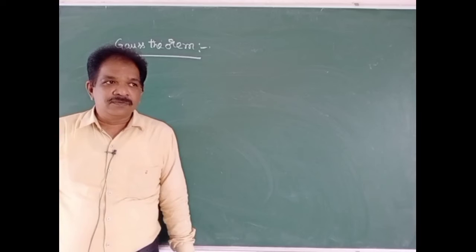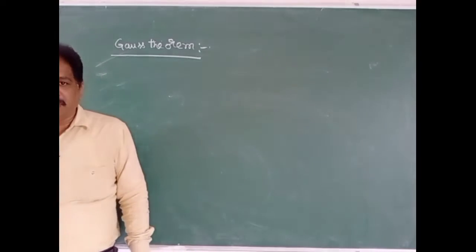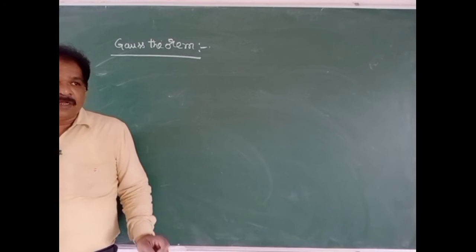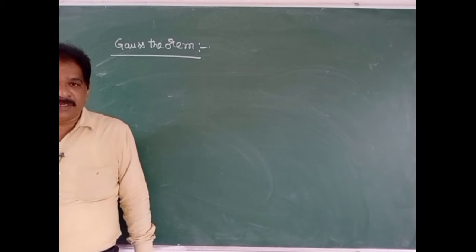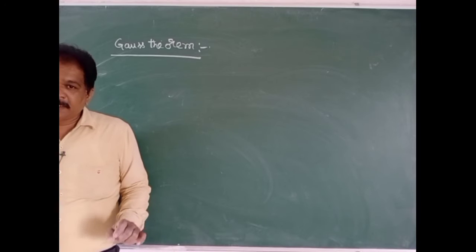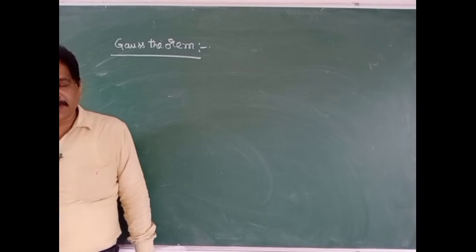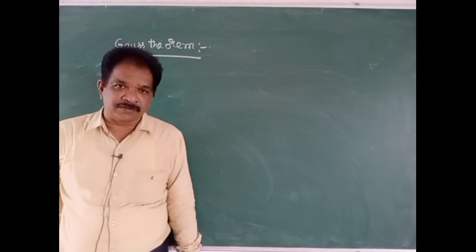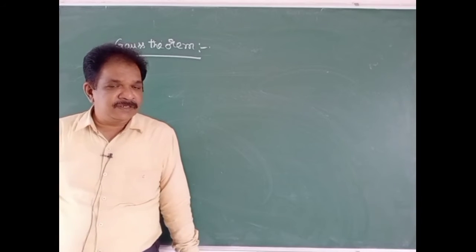So a closed surface, that closed surface may be imaginary, may be real. The total flux coming from a closed surface is 1 by epsilon naught times the total charge enclosed in that surface. Try to understand once again what Gauss theorem is stating.